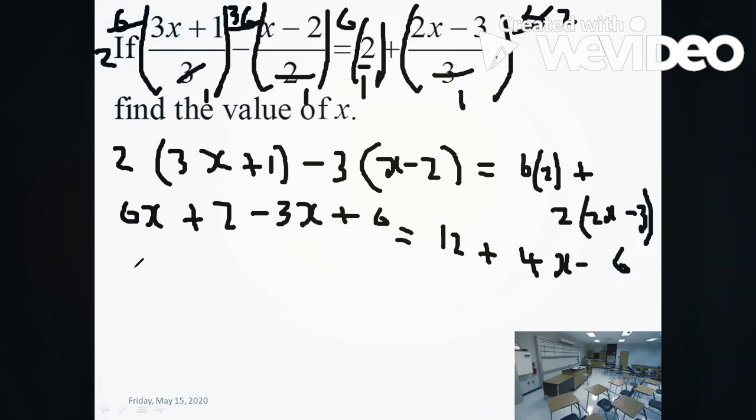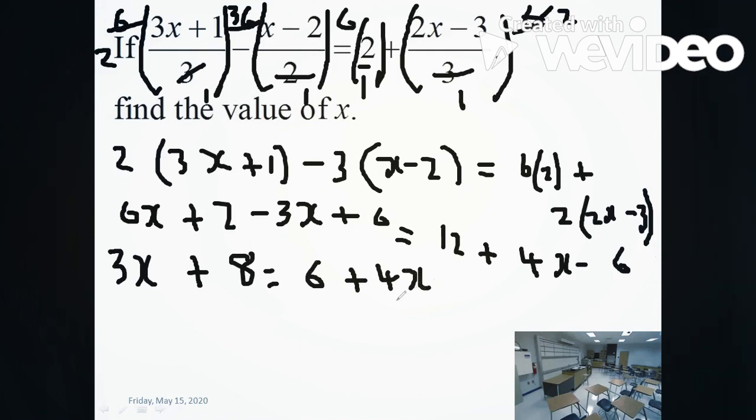So 3x from 6x is 3x. 2 plus 6 is 8. So that's the left hand side. And over on the right hand side, 6 from 12 is 6. And the 4x there is just by itself, so we rewrite it.